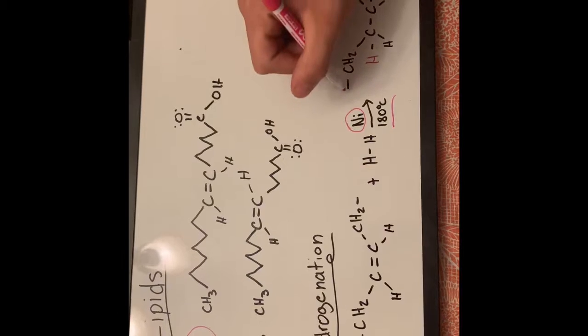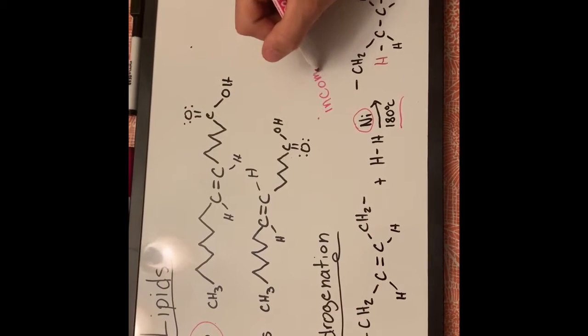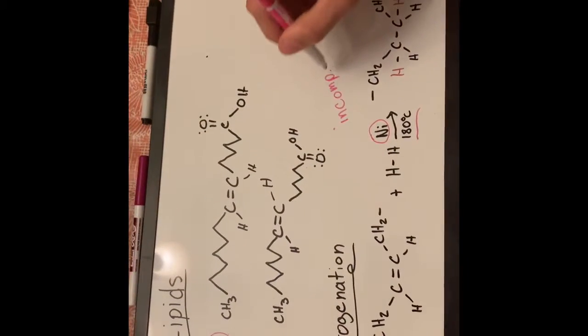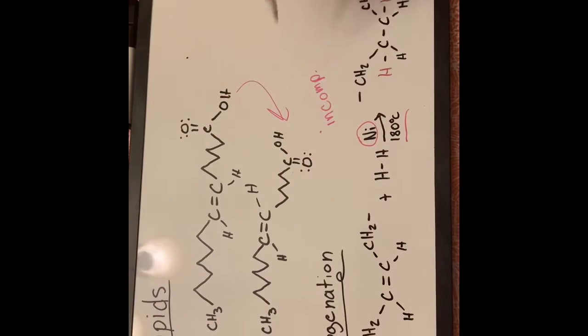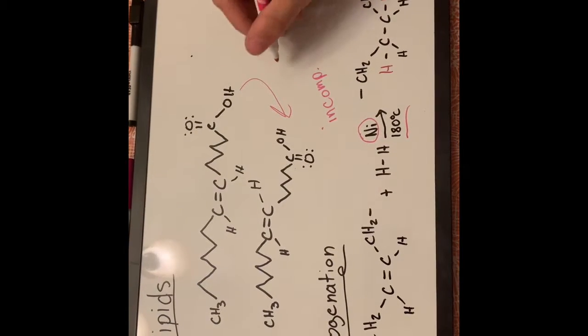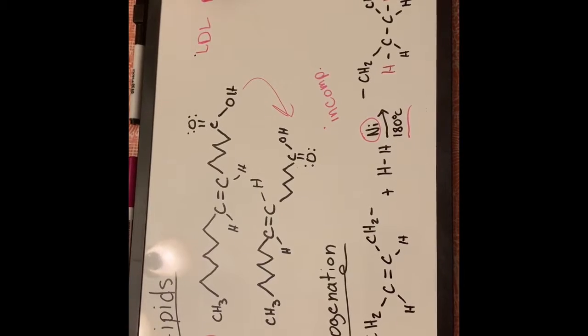But what happens sometimes is incomplete hydrogenation, and the cis is going to transform into the trans. This is bad because trans fats are going to increase the amount of LDL cholesterol, which is bad.